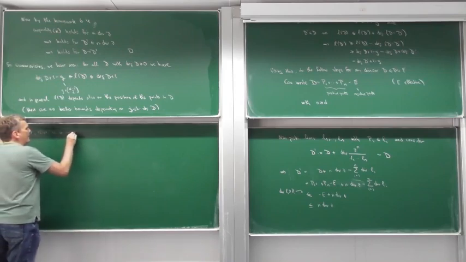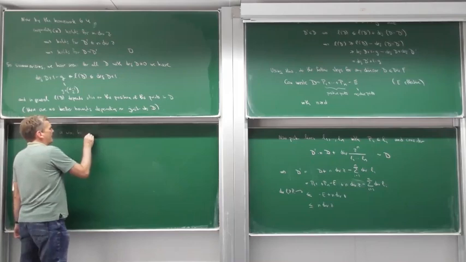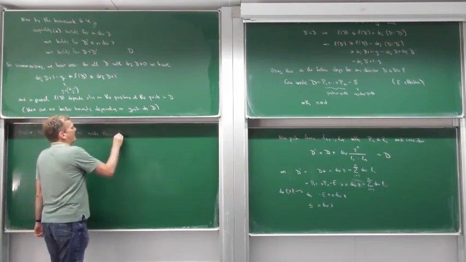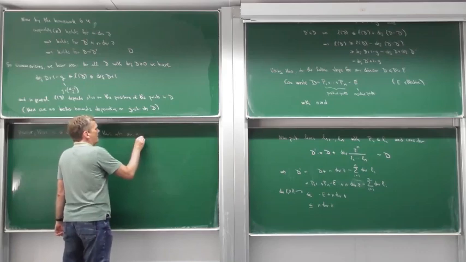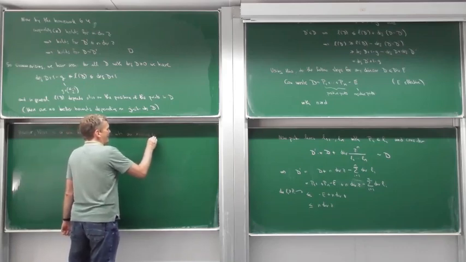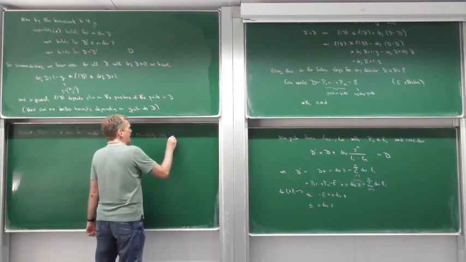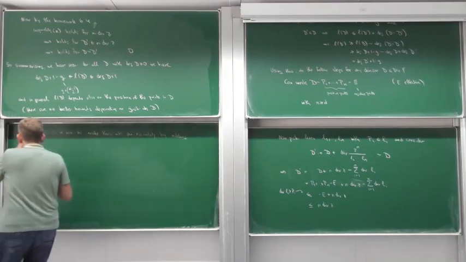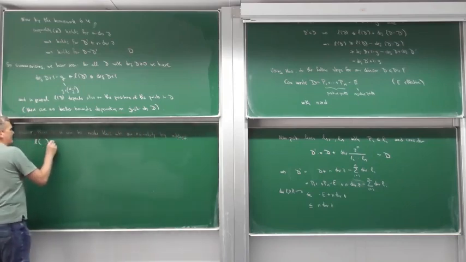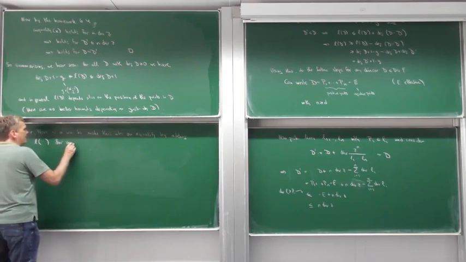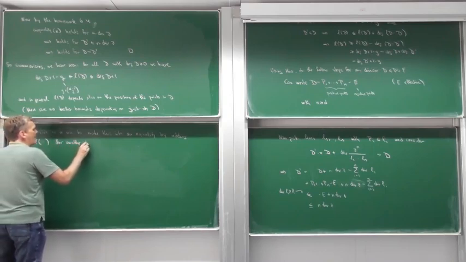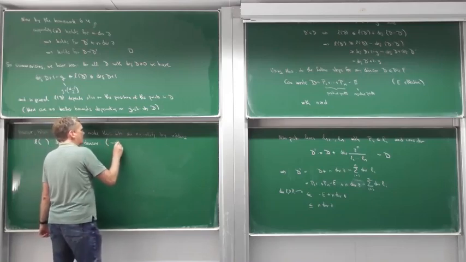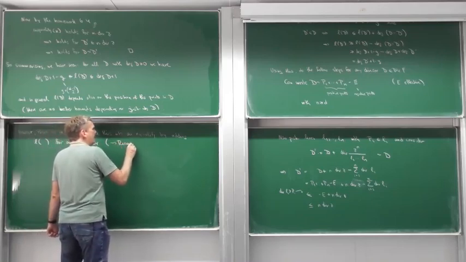This is the way to make this into an equality by adding some L of something for another divisor. And that will lead to the so-called Riemann-Roch theorem, which we do next time.